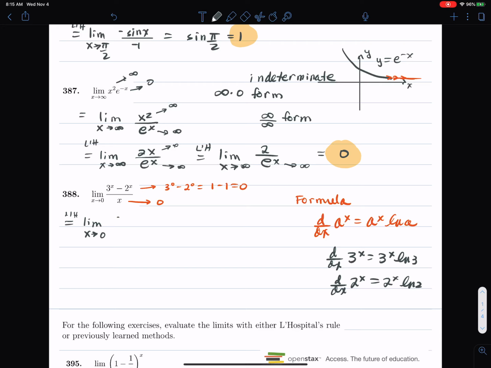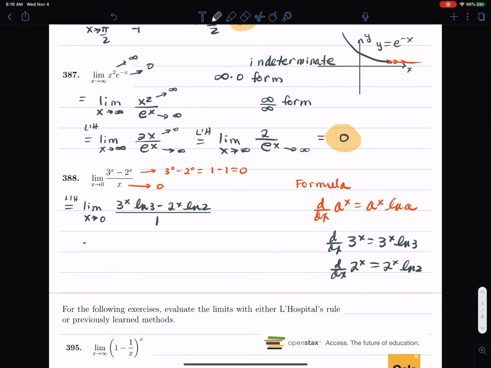So let me just go ahead and write that over here. And then that's the derivative of the numerator. The derivative of the denominator is just 1. That's easy enough. So now by continuity of 3 to the x and 2 to the x, I just plug in 0.